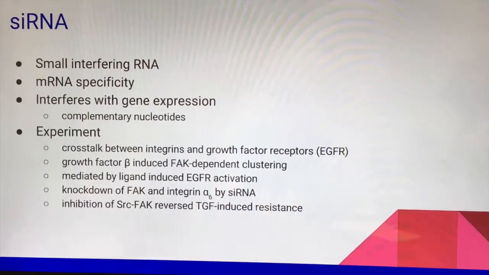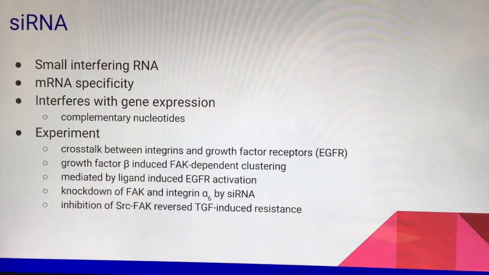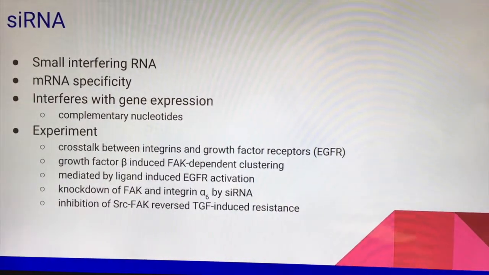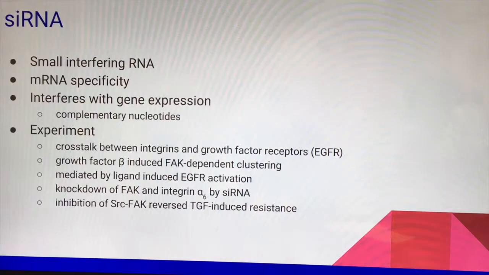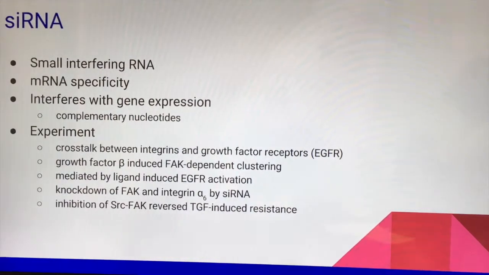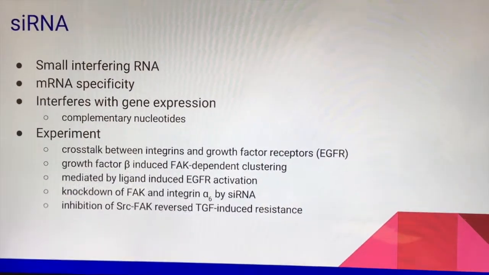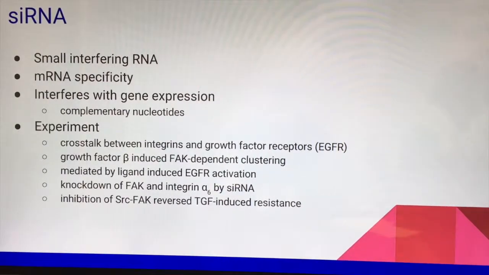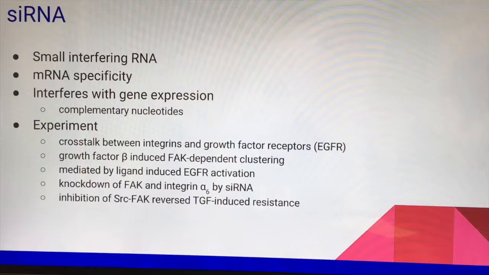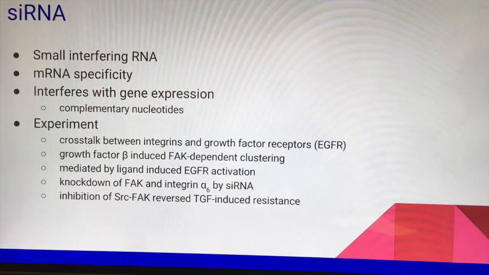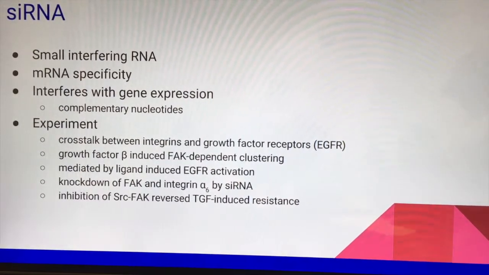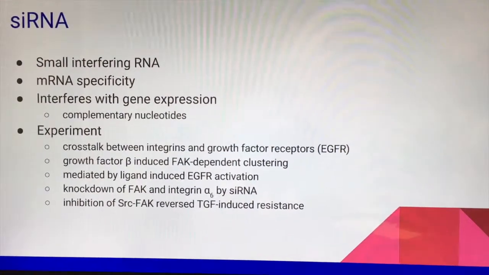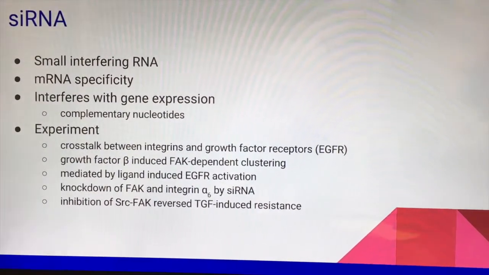It was mediated by ligand-induced EGFR activation and the phosphorylation of SRC and FAK. The knockdown of FAK, or the integrin alpha 6, by siRNA overrode the TGF beta induced receptor clustering and signaling to the PI3K and AKT signaling pathway.